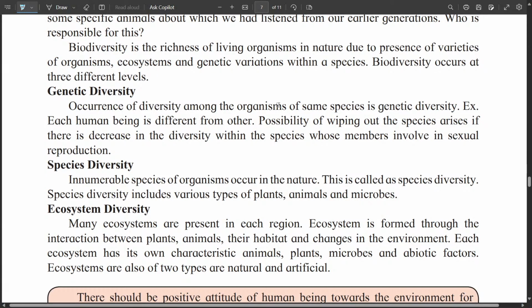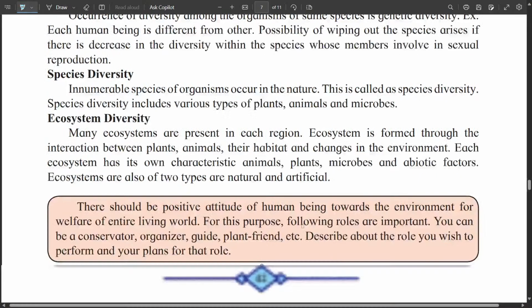Species diversity. Innumerable species of organisms occur in nature. This is called species diversity. Species diversity includes various types of plants, animals and microbes. Then we have ecosystem diversity.